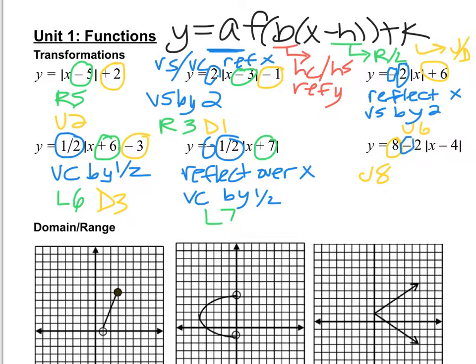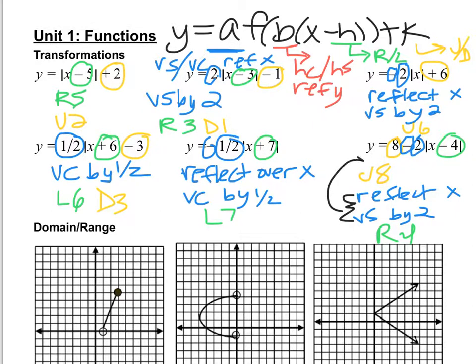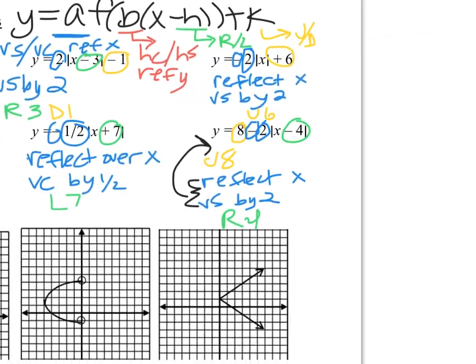Then we still have 2 pieces here: reflect over x, vertically stretch by 2, and right 4. And really, the reflecting needs to happen before going up 8, but probably no one's going to come beat down your door with that.